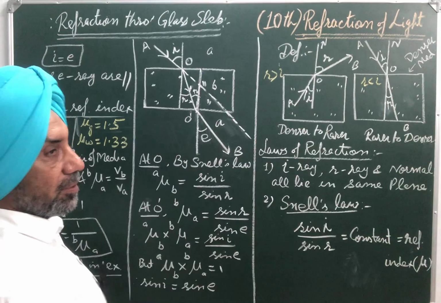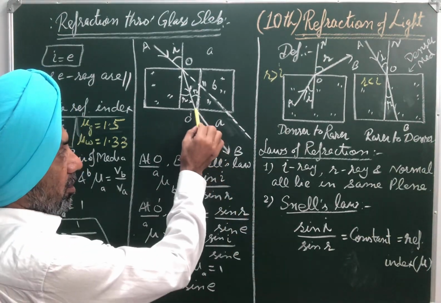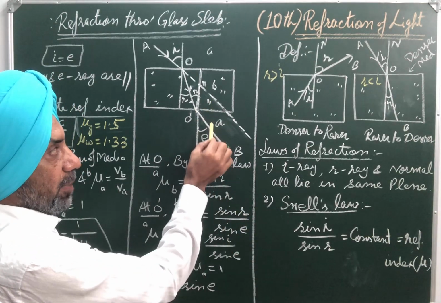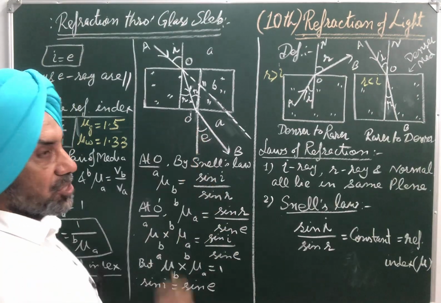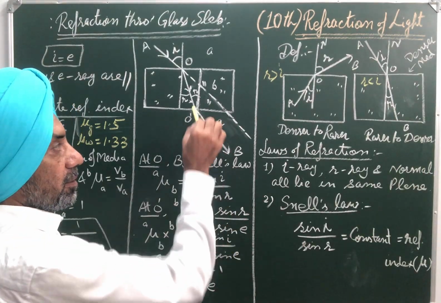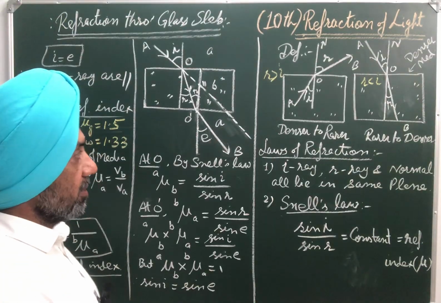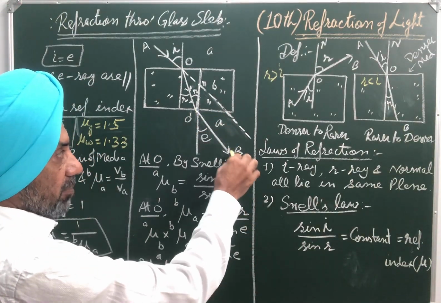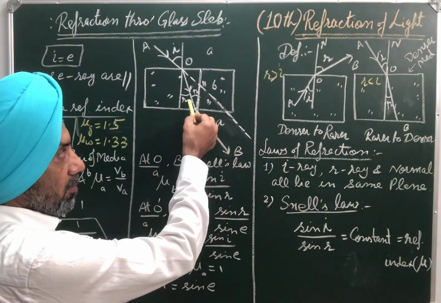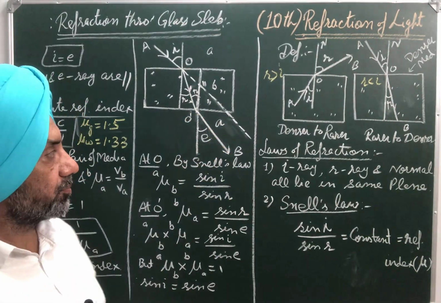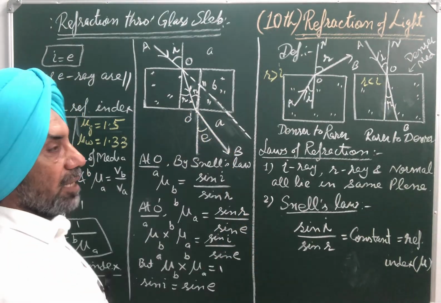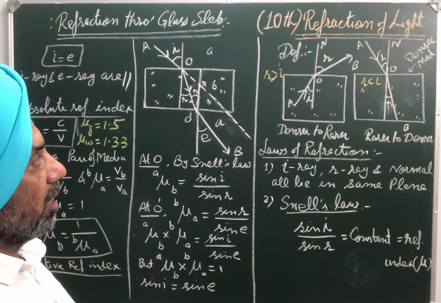Then at the next boundary, which separates the two media, glass slab and air, that is at O dash, again light gets refracted, it bends away from the normal because now it is traveling from a denser to a rare medium. So let this angle be e, and this angle e is known as the angle of emergence.